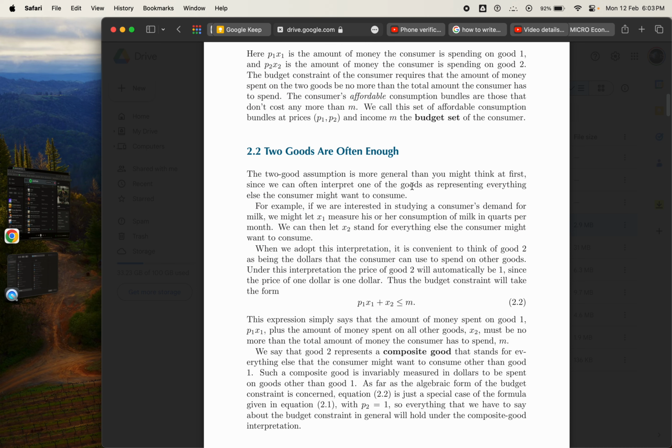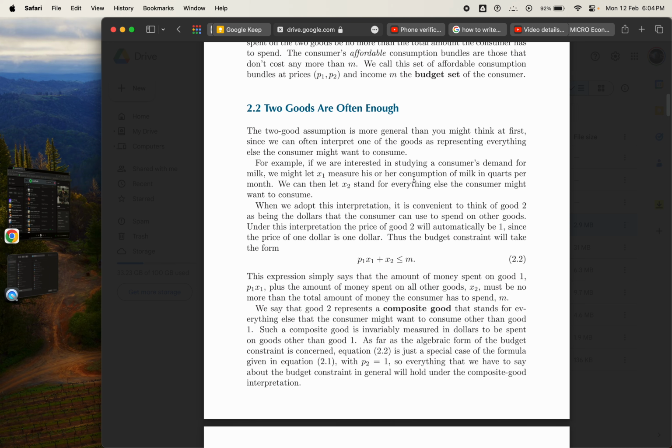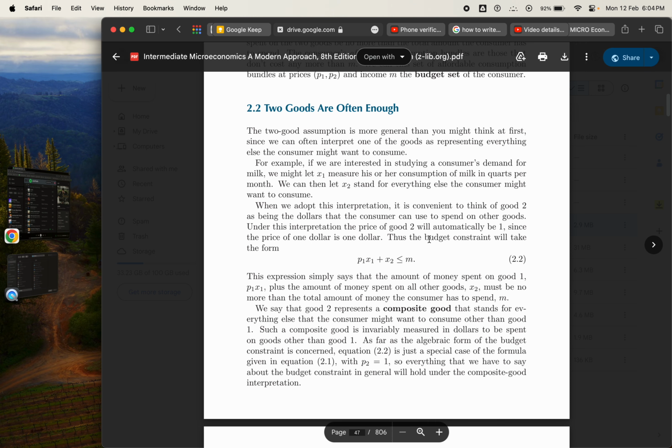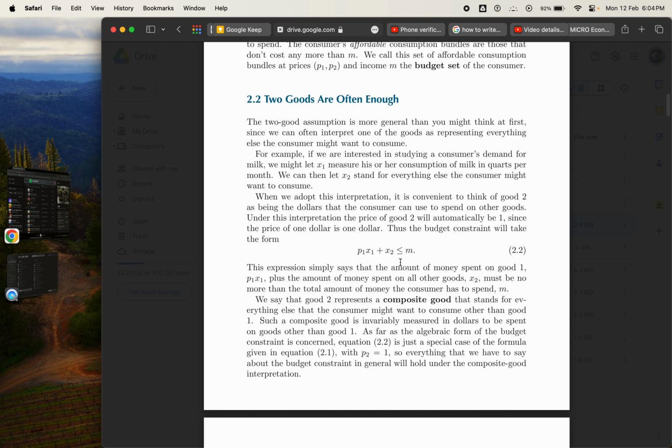Why are two goods enough? Why do we just take two goods in a consumption bundle? Because if we are talking about humans, we have infinite needs, and of course, we have thousands of goods that we consume and need to consume. Two goods are often enough for mathematical simplicity, and we can address the problem in a 2D graph with x and y coordinate axes. Also, if we talk about relativity, we can choose one good as x1, and all of the other goods available in the market can be addressed as x2.